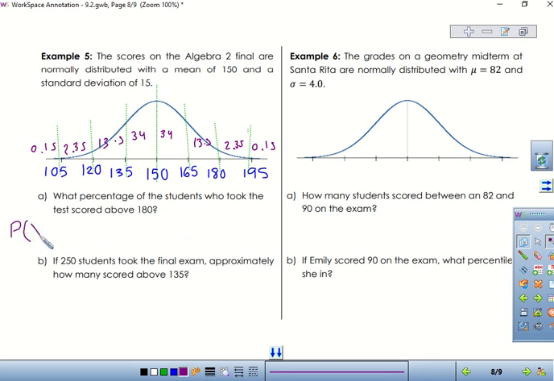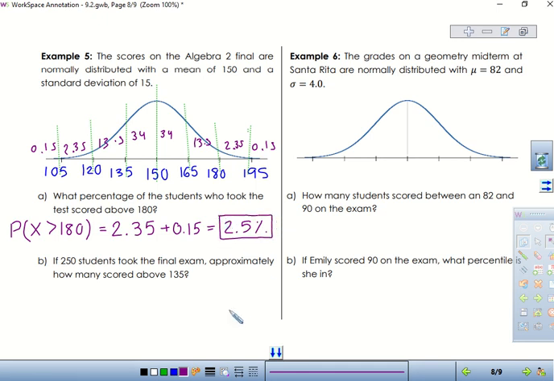So the probability that a student X scores greater than 180 is equal to... How would I find this? Good. So 2.35 plus 0.15 is equal to 2.5%, because those are scores that are above 180.